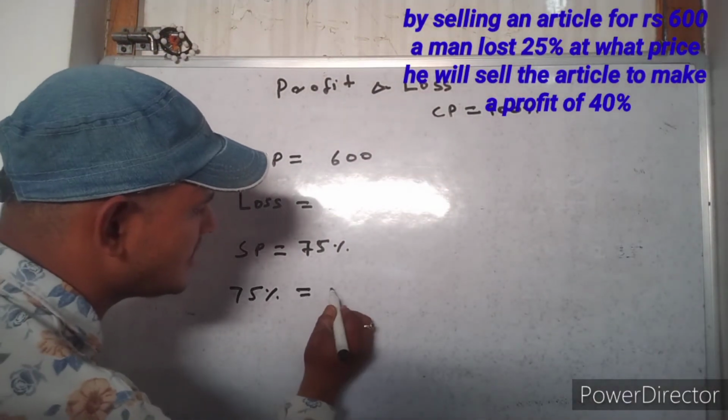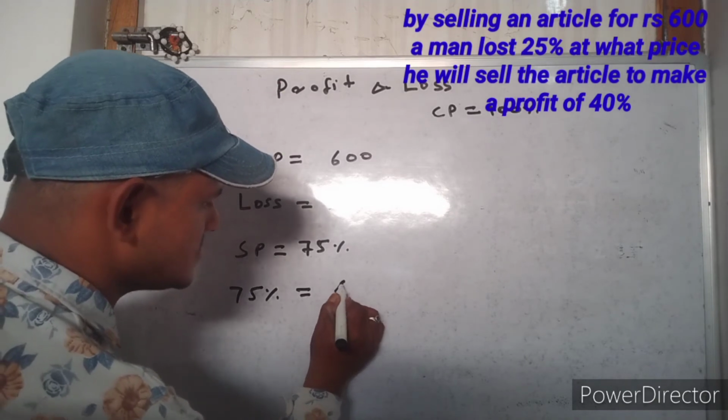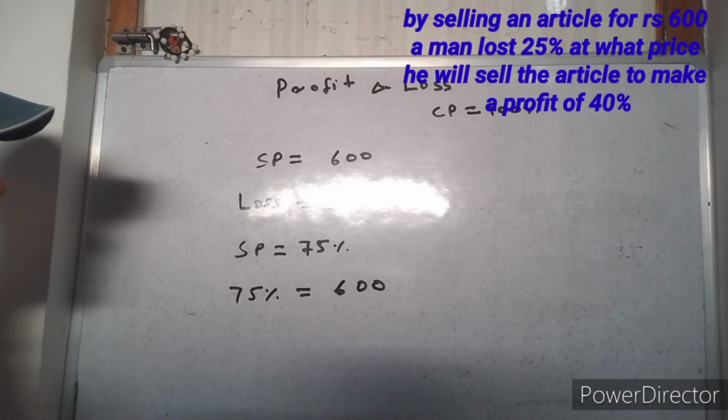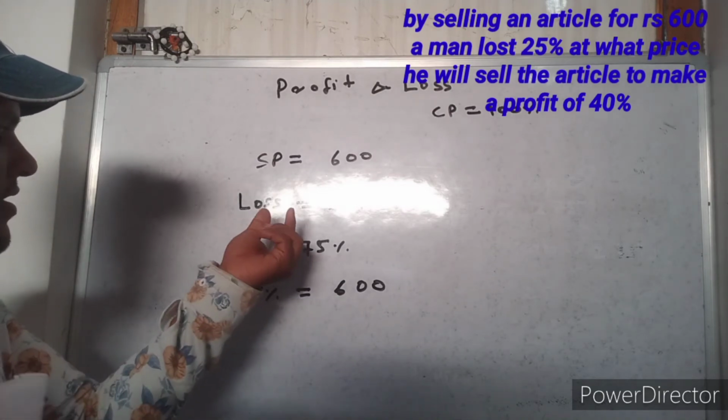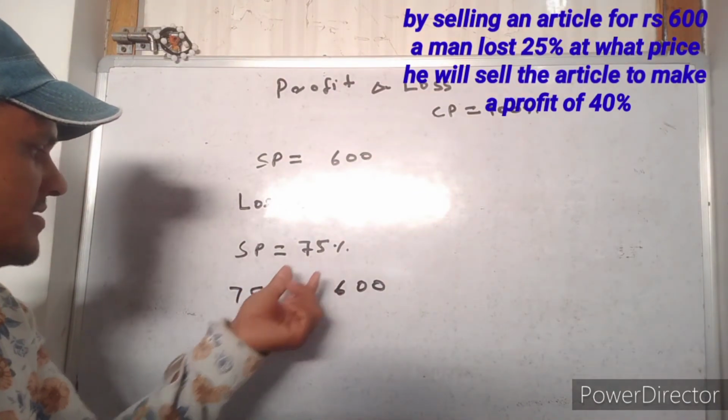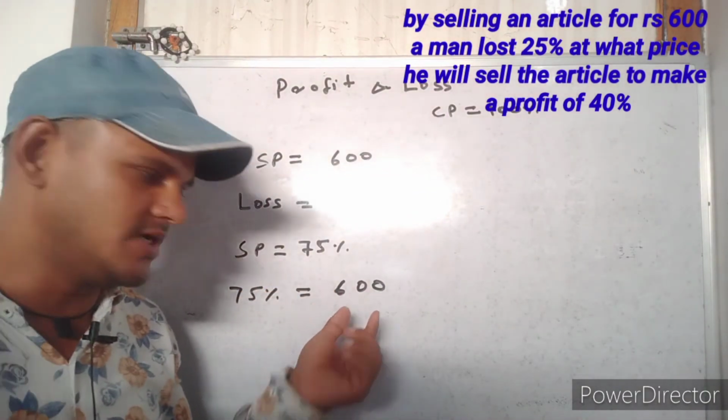75% equal to 600, because our selling price is given as 600 and he got a loss of 25%. So SP will be 75%. 75% equal to 600.